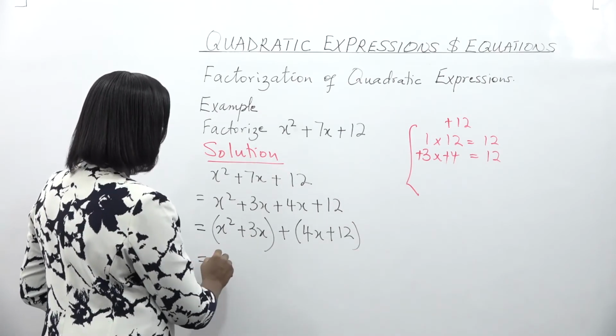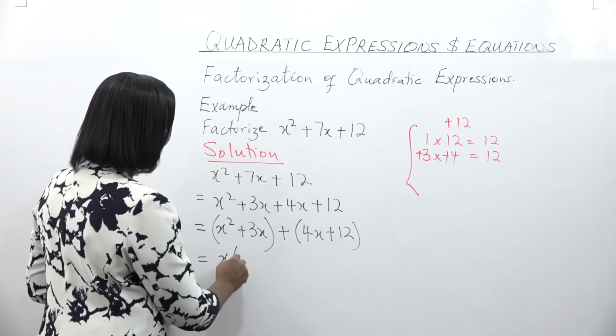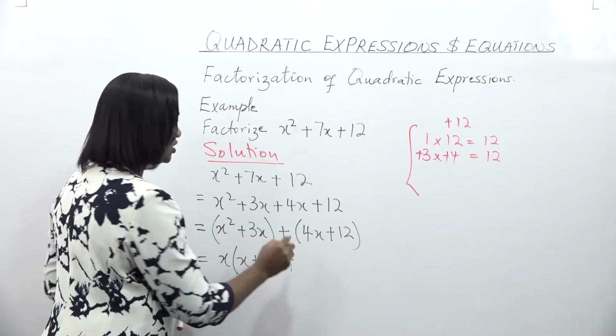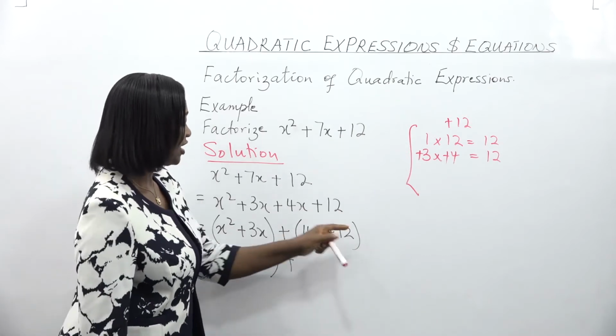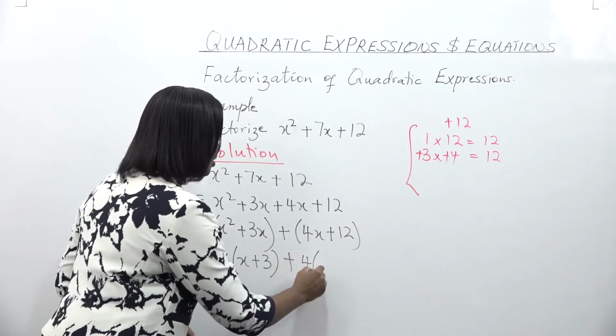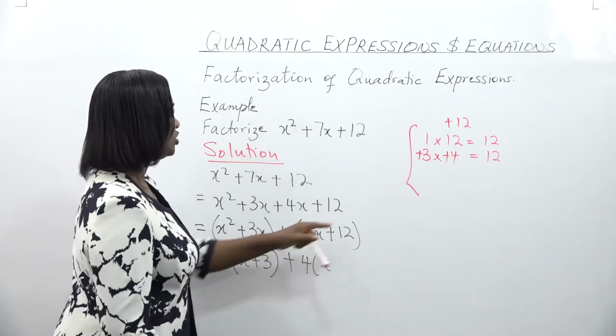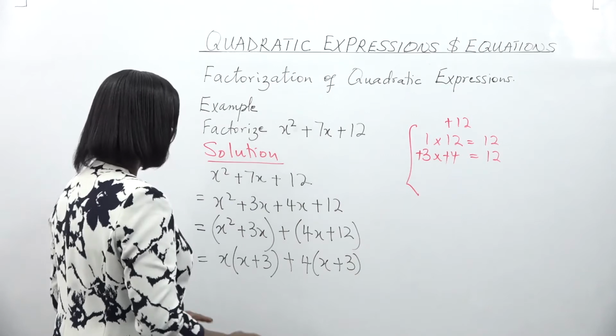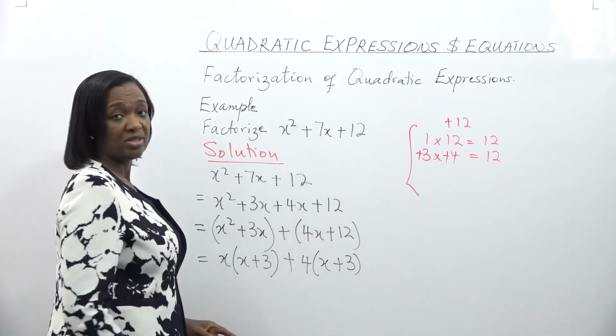Then, find the common factors in each group. This is equal to x into x plus 3, since x is common, plus 4 into x plus 3, since 4 is common to 4x and 12. So x plus 3 is now common.